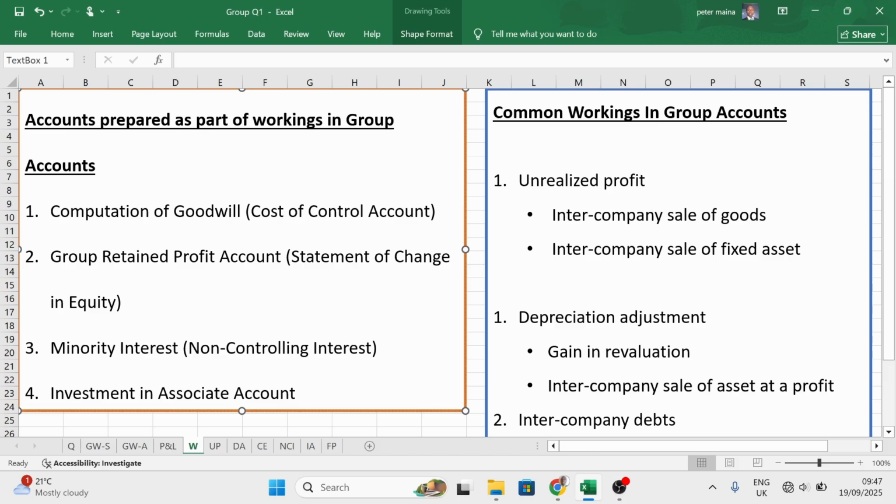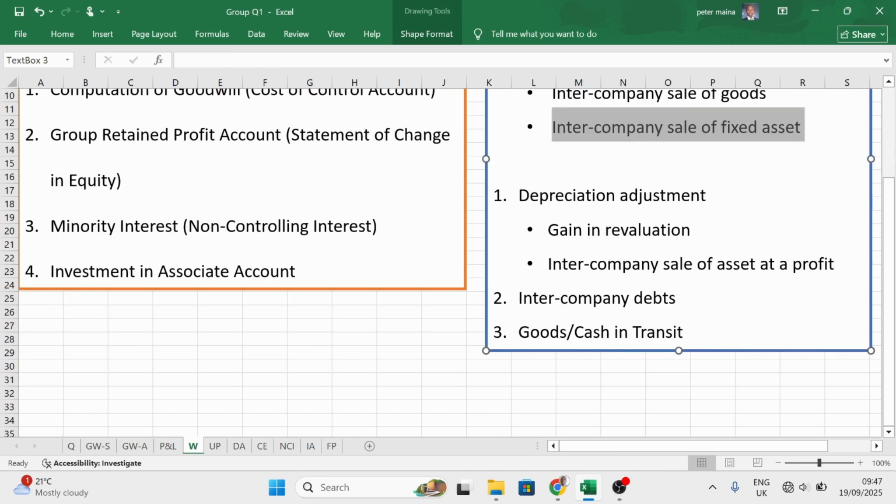Apart from the accounts, we have other workings that we normally do. For example, unrealized profit from intercompany sale of goods, intercompany sale of fixed assets. In this question, we don't have intercompany sale of fixed assets. And then there is the depreciation adjustment.